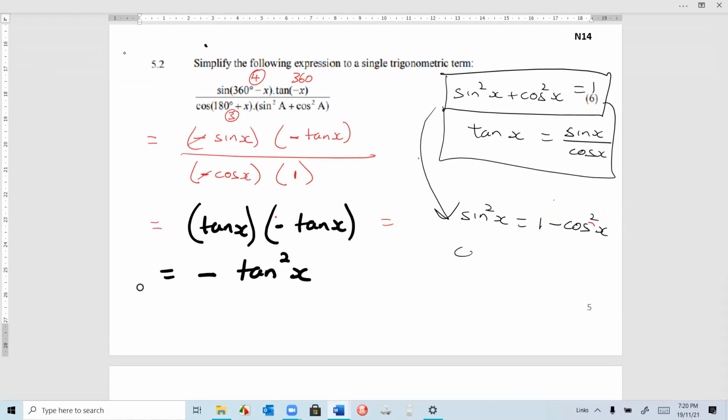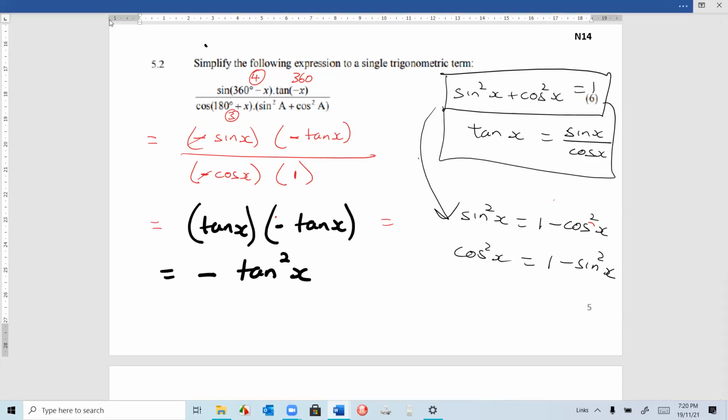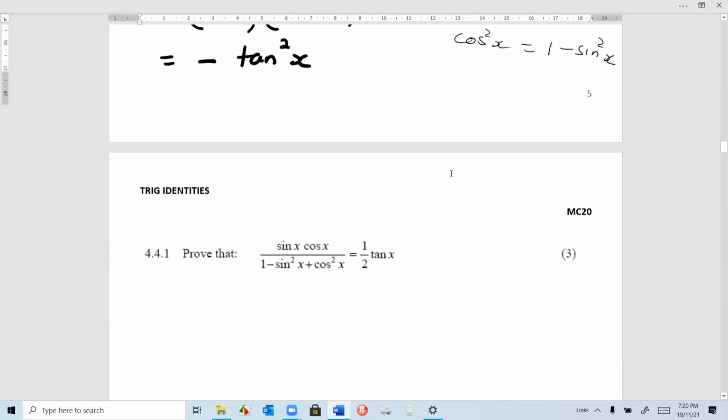Or if we start with cos squared x, and we take the sine squared on the other side, we get 1 minus sine squared x. So these 4 formulas, you need to memorize. Okay, does that answer your question where I got it from? Yes, sir. Thank you, sir.